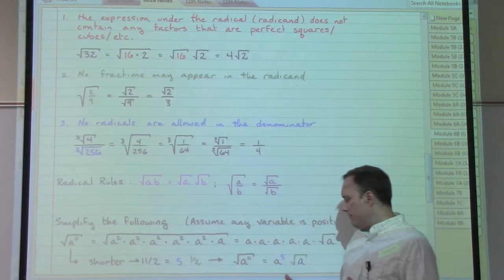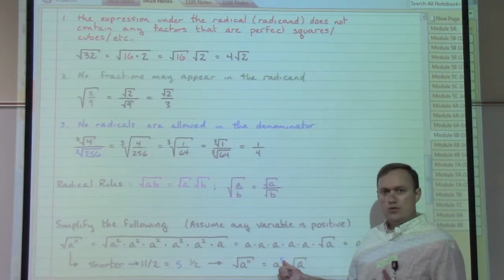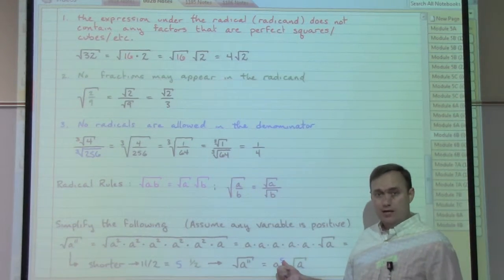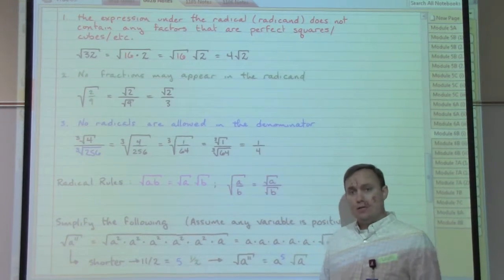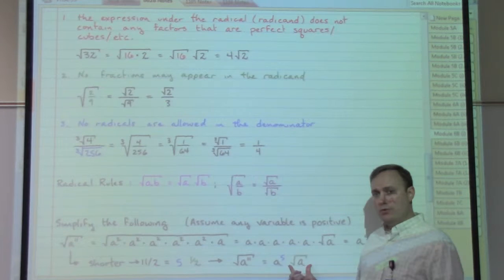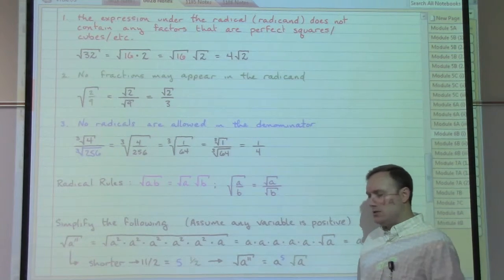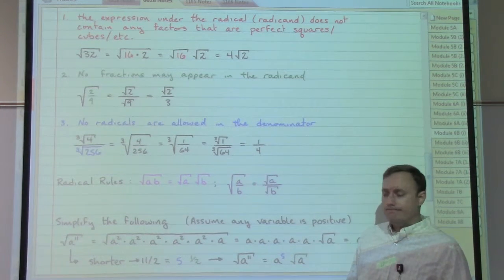The 5 referring to the nice normal a with a nice normal power of 5, and the 1/2 part of this telling us that we're going to have a leftover square root with just the a underneath of it.